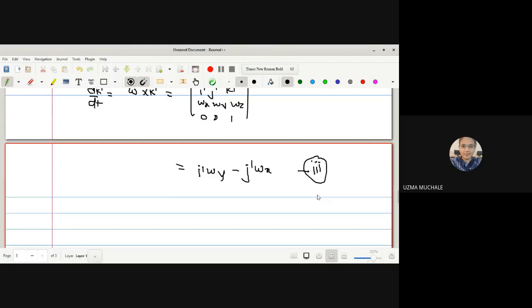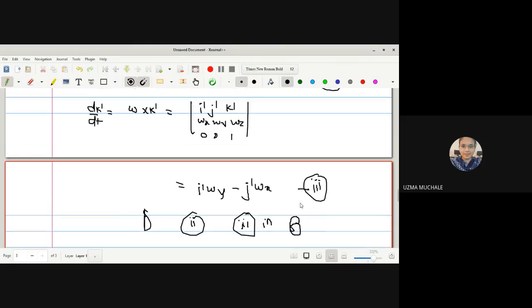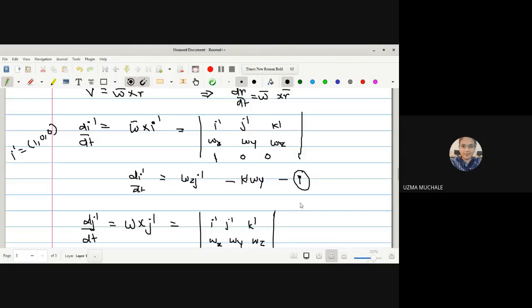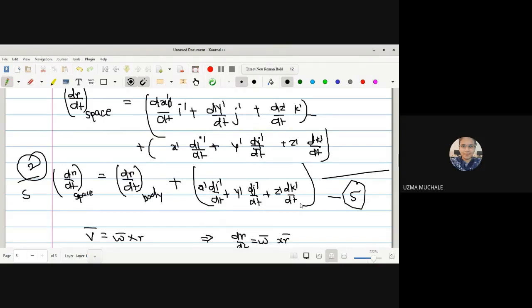Now using all these values, using equations 1, 2, 3 in equation 5 we get. Since we are solving equation 5 itself, since we are getting the relation between the space set of axes and the body set of axes, this term we have to write in the form of angular velocity w cross something.